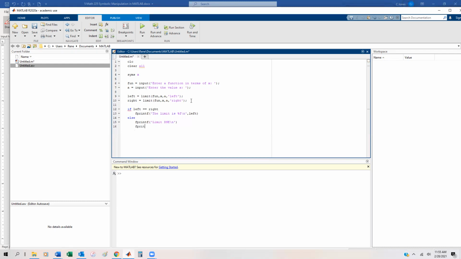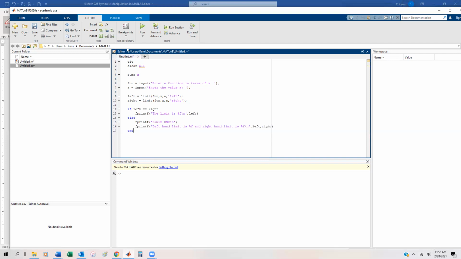We're going to fprintf that the left-hand limit is %f and right-hand limit is %f, and then backslash n, and let's just say left, comma, right. So that should do it. And we'll do an end.